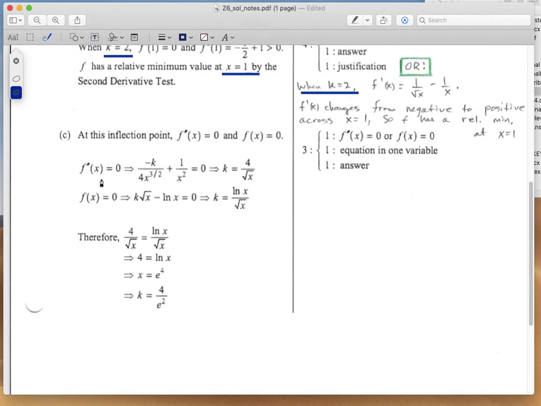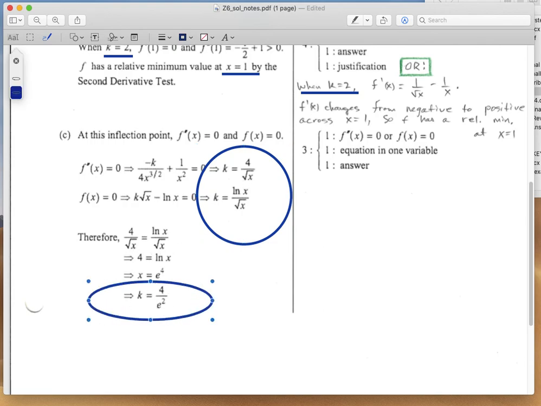Well, set them both equal to 0, and you get two equations, both with k and x. You solve them simultaneously. Set this equal to that because they're both equal to k. And you get a k value equal to 4 over e squared.